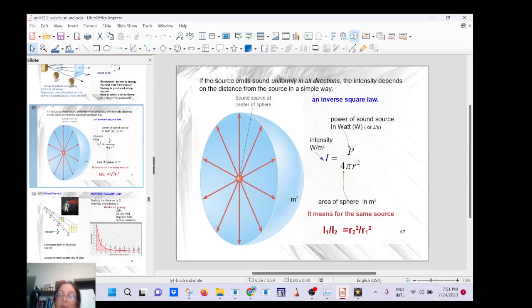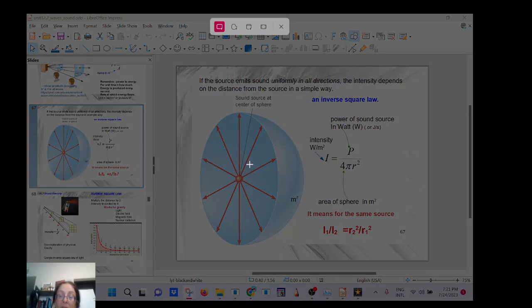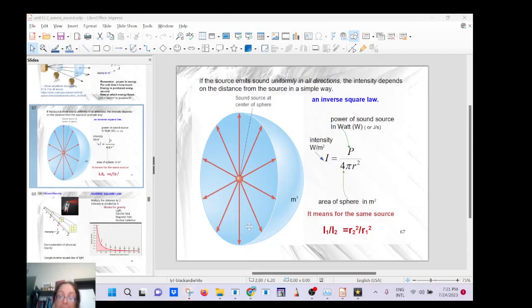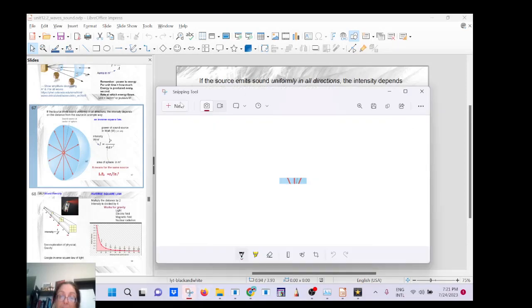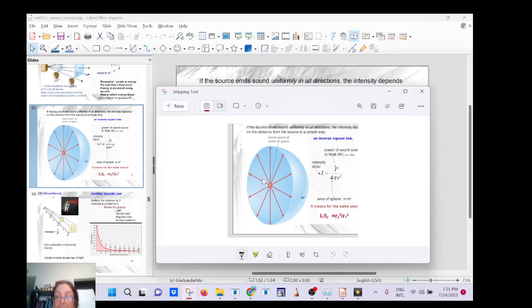So that means that if you compare two intensities here, I1 over I2, that's going to be equal to R2 squared over R1 squared, because the area is proportional to the radius squared. Okay, so if you take another sphere here, for the same source, if now you cut out, so it's an imaginary sphere, okay?